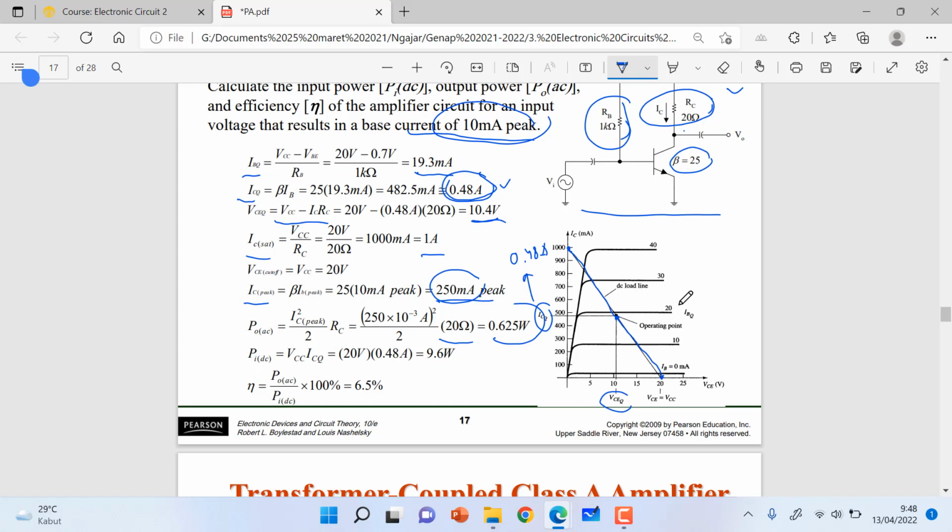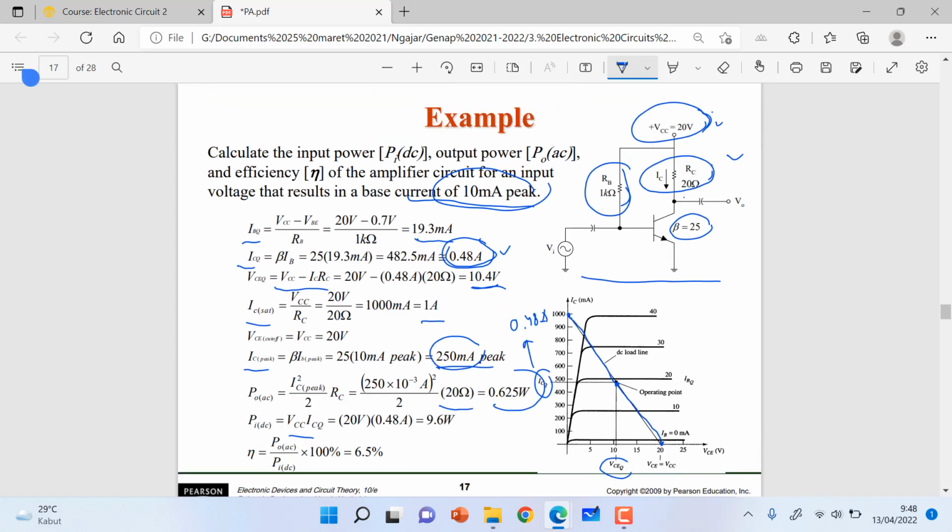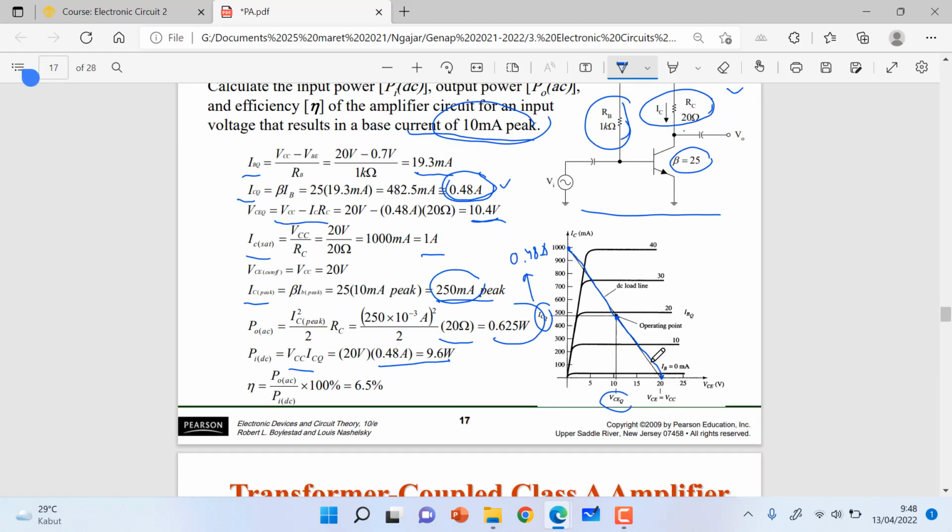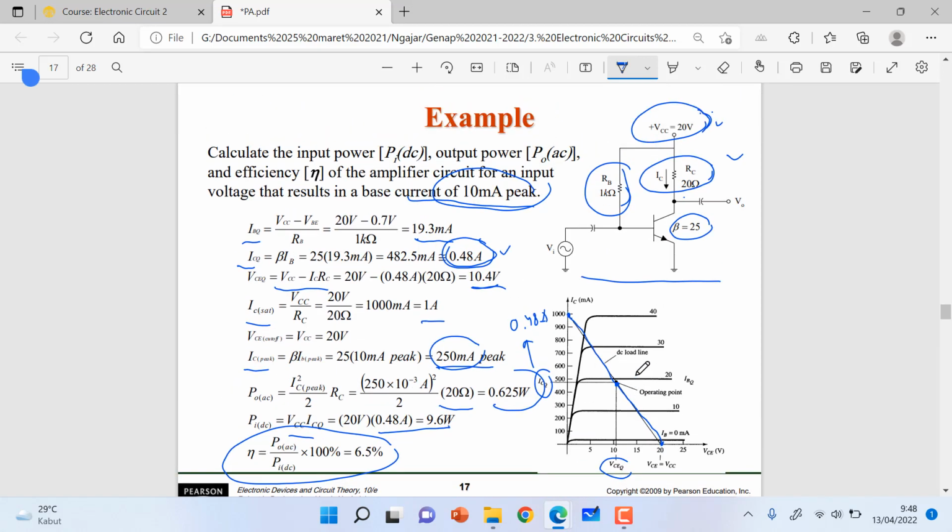And then for the input DC power, it is VCC times IC Q. VCC is 20 volt and IC Q is 0.48. So we can get that P_I(DC) is 9.6 watt. So we can get that efficiency is 6.5%. Okay, so this is the example of the series-fed class A power amplifier for today.